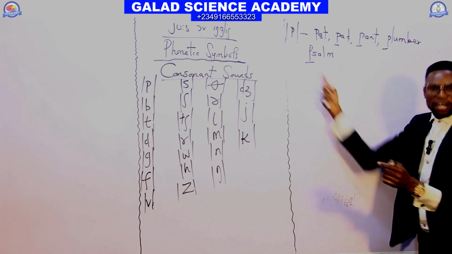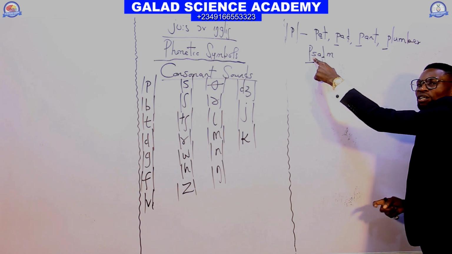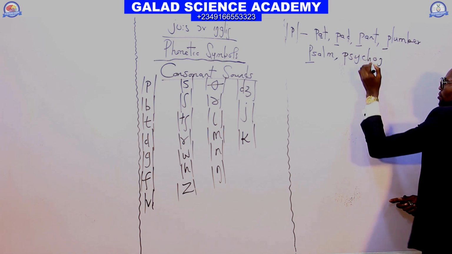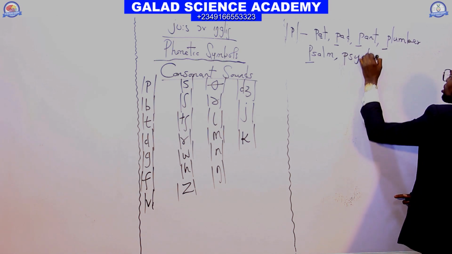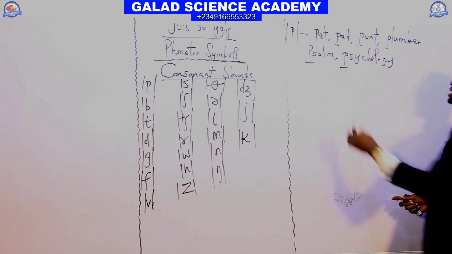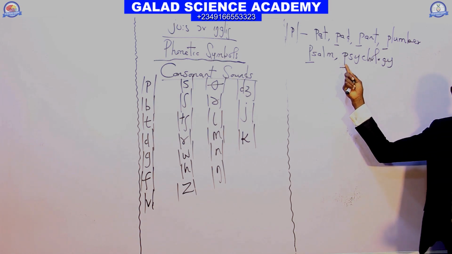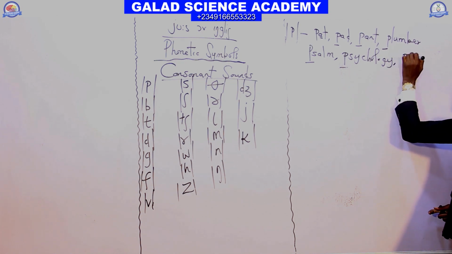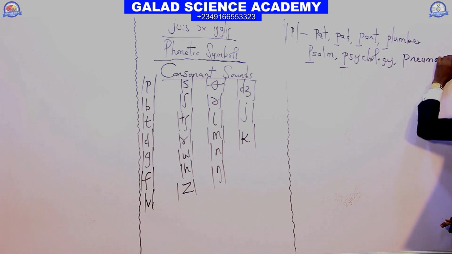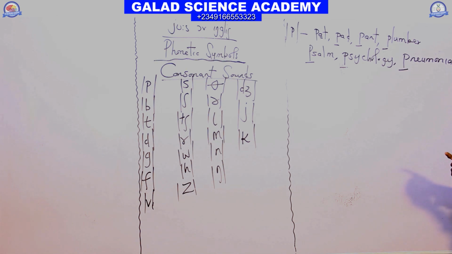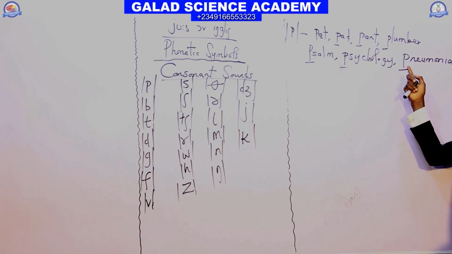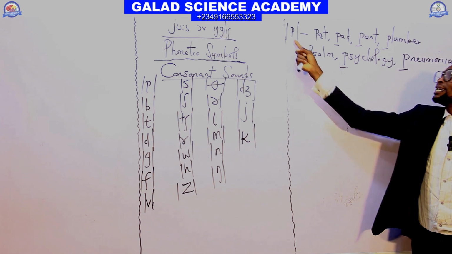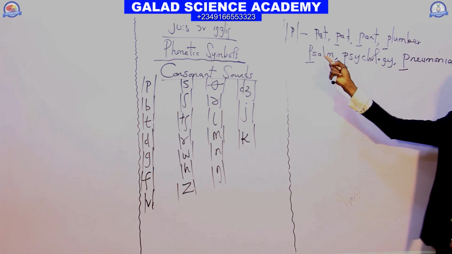It has become voiceless. So there is no production of voice. Like I have psychology. What's happening to this? This is voiceless. Of course, I have pneumonia. This P has become voiceless. So in other words, this sound can be voiced and it can be voiceless.